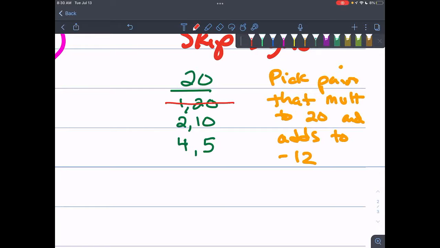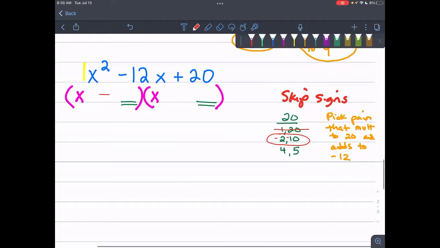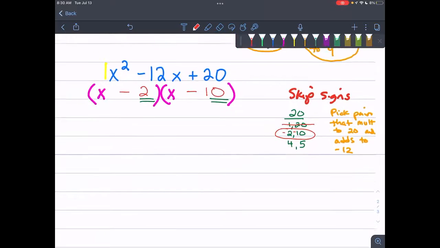With the 2 and 10, we can make -12 out of that. But both their signs would need to be negative. -2 times -10 gives you +20. So that part works. -2 plus -10 gives you -12. So -2, -10.